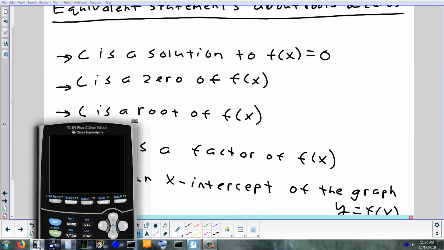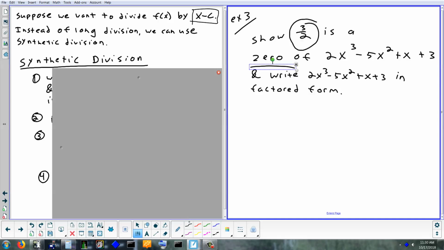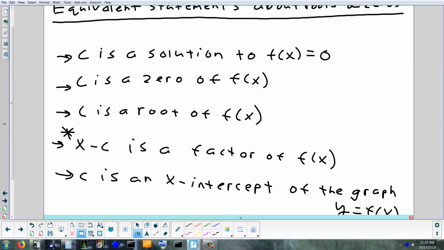Instead of showing 3/2 is a 0, I'm going to show something equivalent. X minus 3/2 is a factor. So if I can show x minus 3/2 is a factor, then that answers the original question, that it's also a 0.